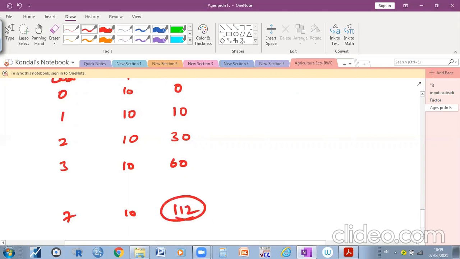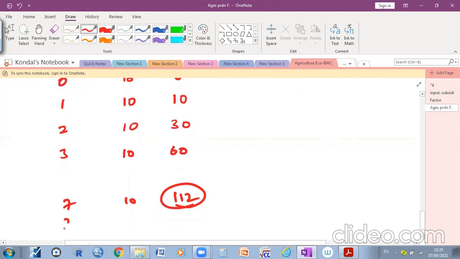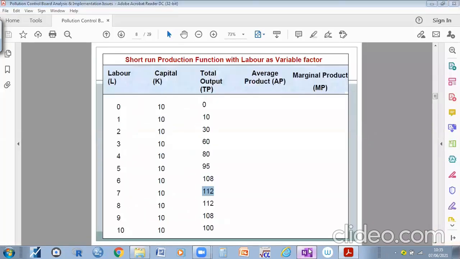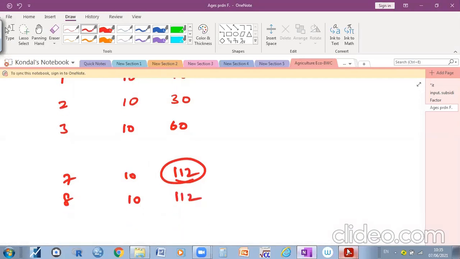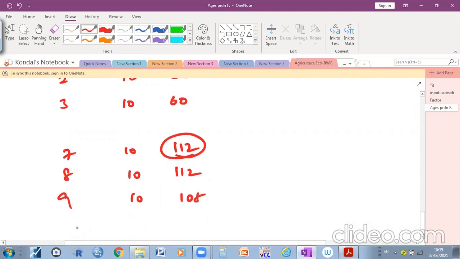When you keep increasing the labors, it reduces. Then 9 labors, 10 capital, 108, then 10 labors, 10 capital, 100.